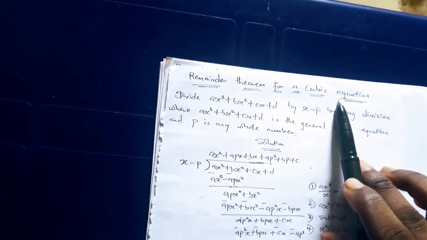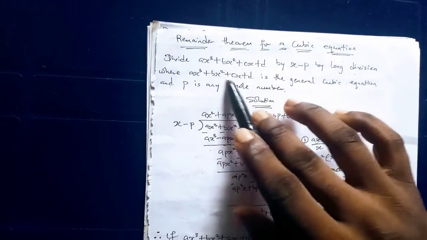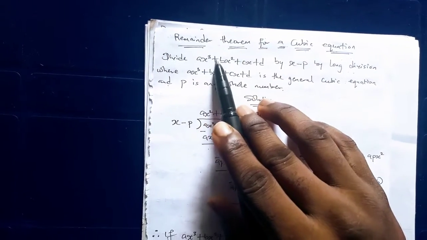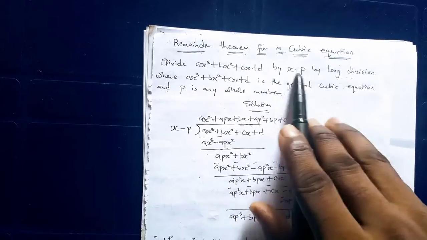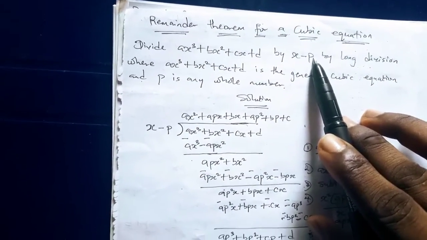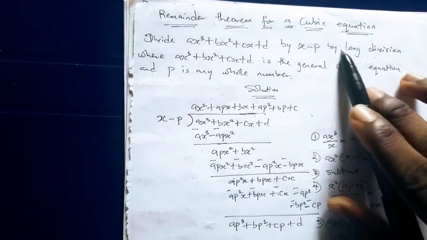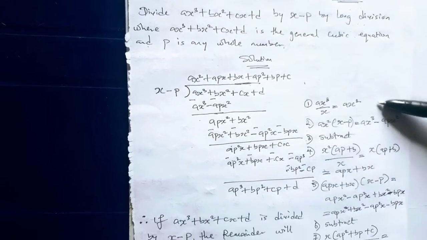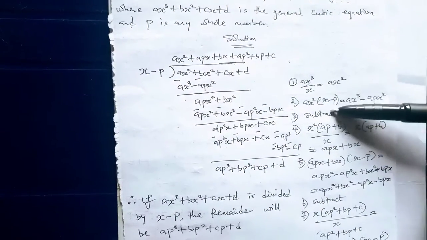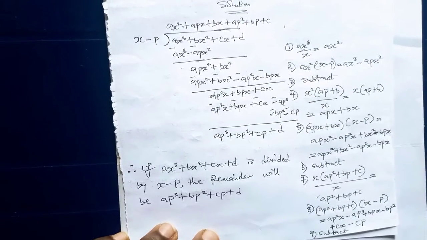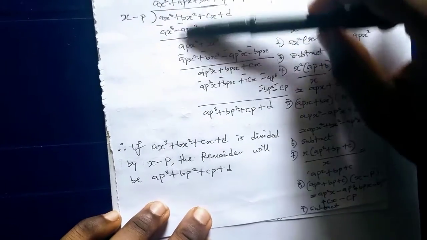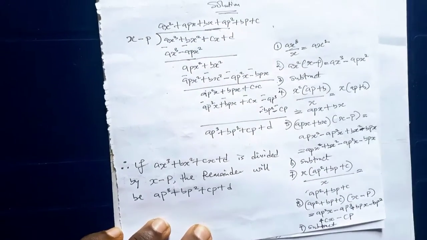Now, let's look at something else. This is the remainder theorem for a cubic equation. Now, if you divide a general cubic equation, which is ax cubed plus bx squared plus cx plus d, by this same x minus p, where p is a whole number, negative or positive, by long division, and you follow the same steps which I have solved here, like if you have the knowledge of long division, if you haven't watched my video on long division, try and watch it, and you will get the understanding of how this came about.